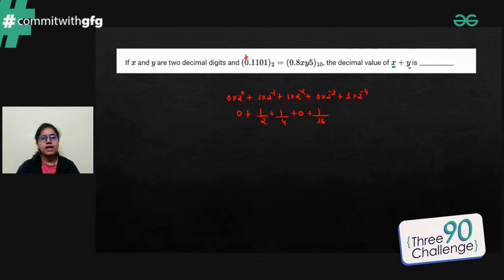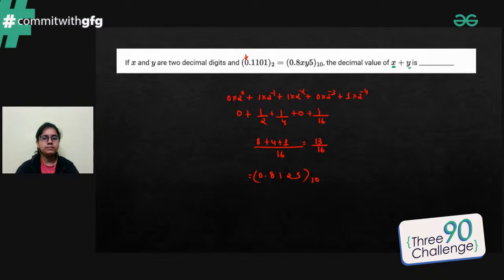So what is the LCM of this? LCM will be 16. The answer here will be 8 plus 4 plus 1, which is 13 divided by 16. And if you do the division, what is the answer? 0.8125.